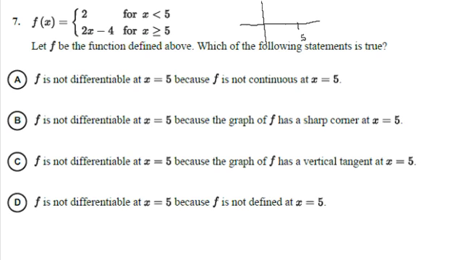All right, so we know from the top part of our piecewise function we've got y equals 2 for x less than 5. Now let's see what happens for our bottom portion when x equals 5.